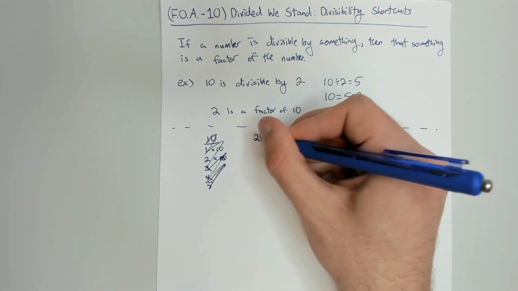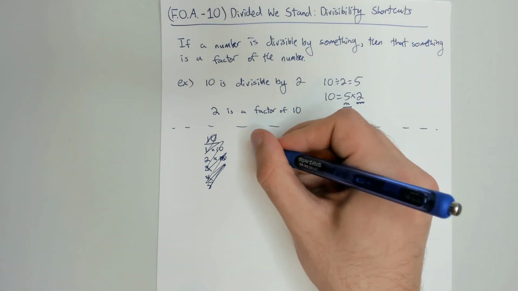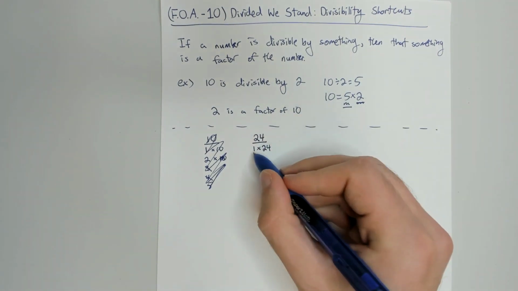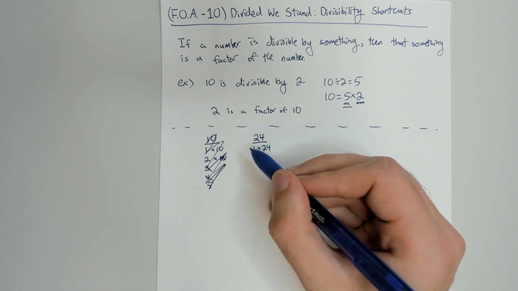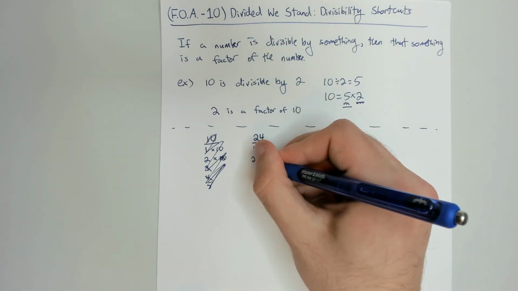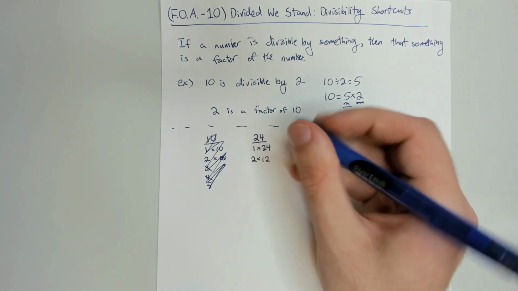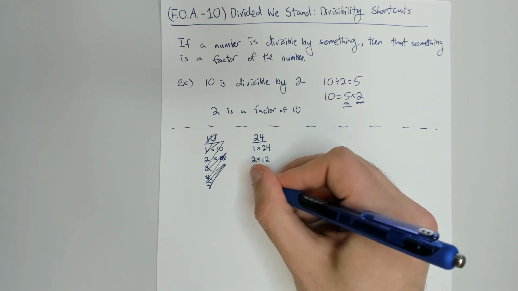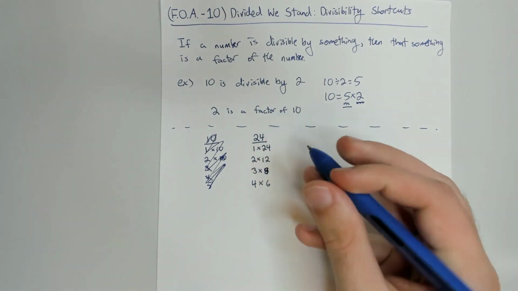The methods we were using in the last video would be something like the following. If we look at 24, we can check if 1 is a factor. Yes, it is, since 1 times 24 is 24. So 1 being a factor also means that 24 is divisible by 1, using the equivalence we just got. If we look at 2, yes, 2 works since 2 times 12 is 24. 3 works since 3 times 8 is 24. 4 works since 4 times 6 is 24.